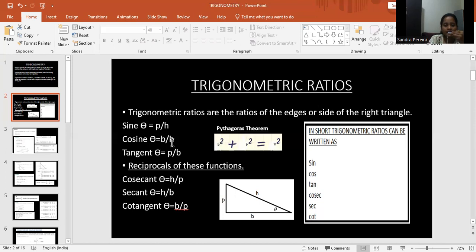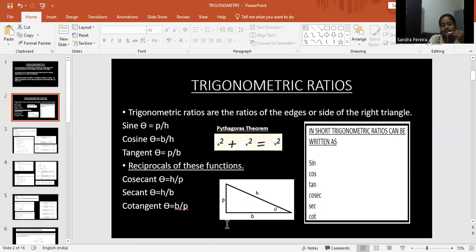This is B by H, it becomes H by B. And cot theta is the reciprocal of tan theta. P is the numerator, so it became the denominator. B is the denominator, it became the numerator. So these are the reciprocals of the given basic trigonometric ratios.